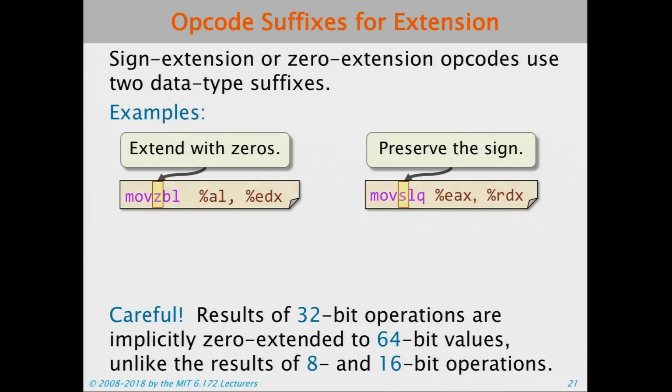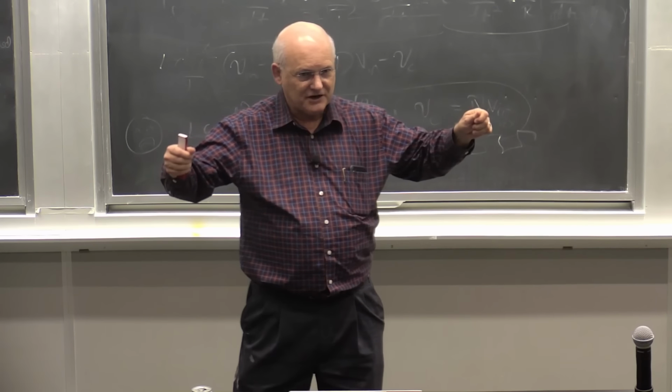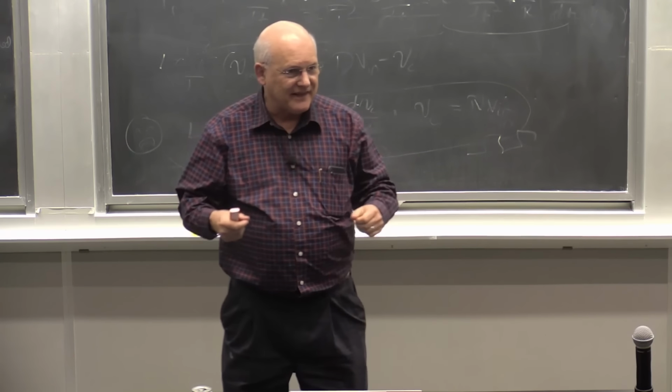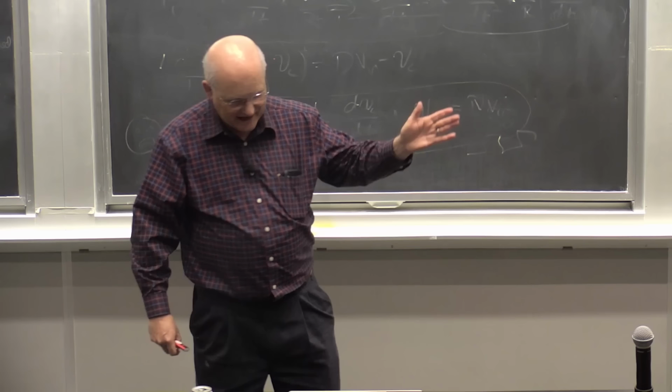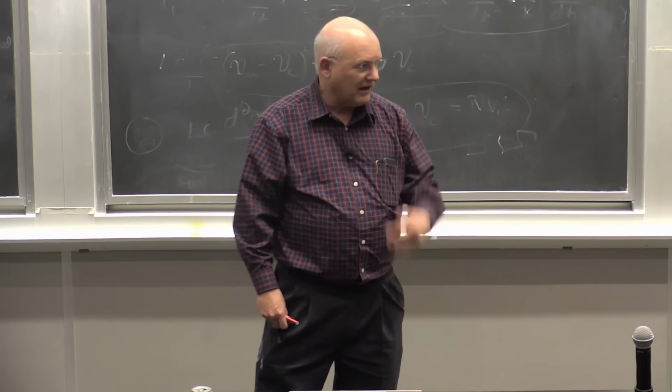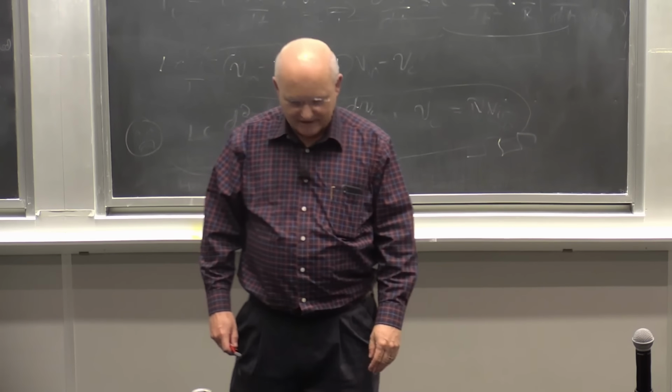But when they did the 32 to 64 bit extension of the instruction set, they decided that they wouldn't do what had been done in the past, and they decided that they would zero extend things unless there was something explicit to the contrary.